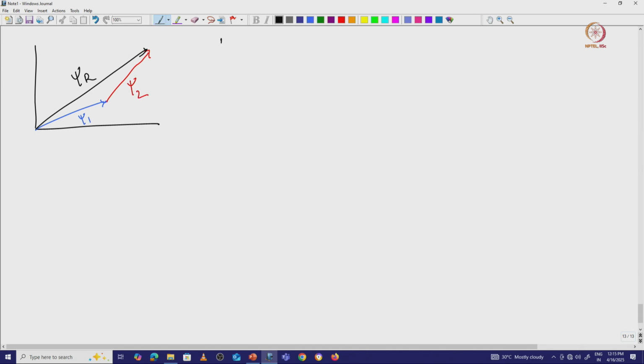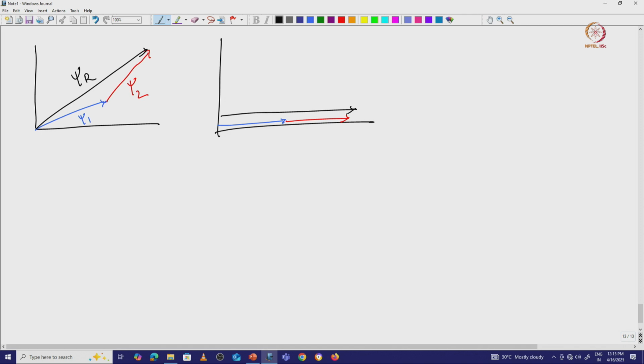Then we come to the second one. What did I do in the second one? This is my first wave and then my second wave, and then we are getting a very high amplitude.